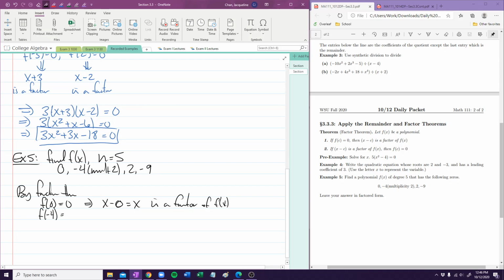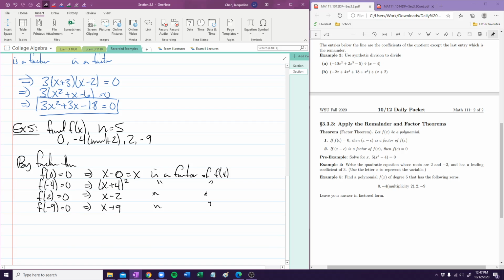f of negative 4 is equal to 0. This implies that x plus 4 is a factor of f of x, but it's also multiplicity 2. f of 2 is equal to 0, so then x minus 2 is a factor of f of x, and then f of negative 9 is equal to 0, which implies x plus 9 is a factor of f of x.